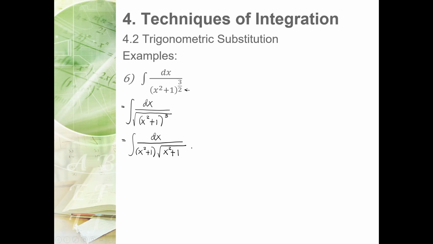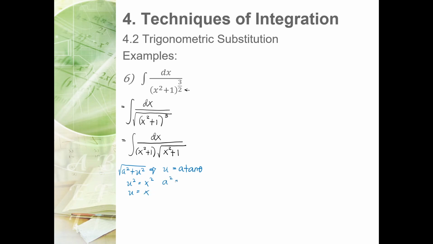So by this time, we can now identify the particular trig sub we're going to use. Looking at the expression, this is in the format of a squared plus u squared. So we're going to use the tangent function. So u is equal to a tangent theta. So u squared is equal to x squared, u is equal to x.